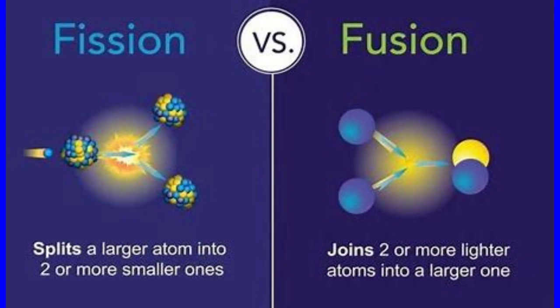But the problem with fission is that it creates nuclear waste. Fusion is still being developed, in the experimental stage, so it'll probably become a reality in the next 5 to 10 years.